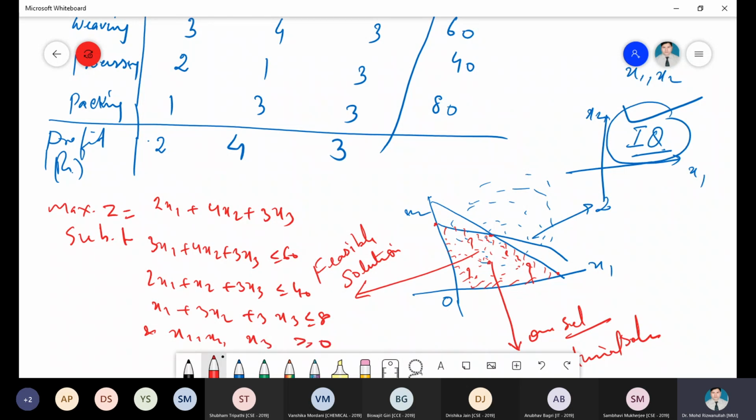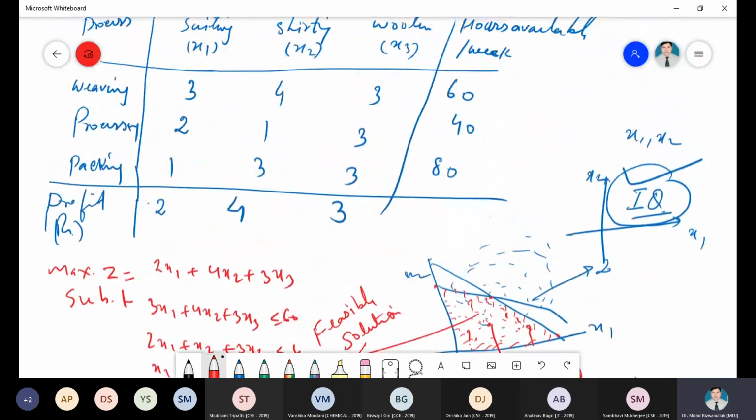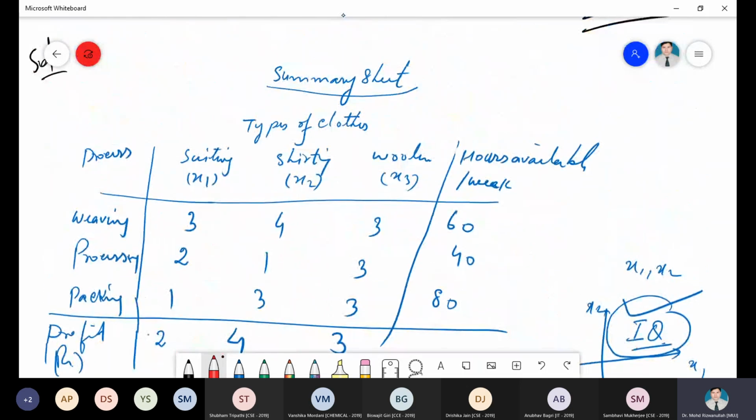Does it make sense? Yes. Sir, do we have to convert the number of hours into minutes? Yes, you are right, sorry. The time is given in hours, so this will be multiplied by 60.